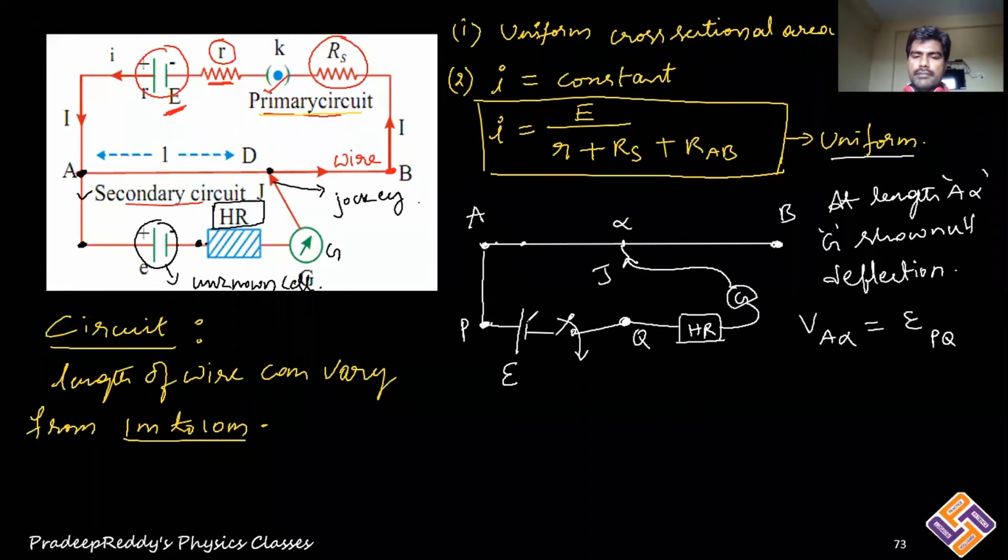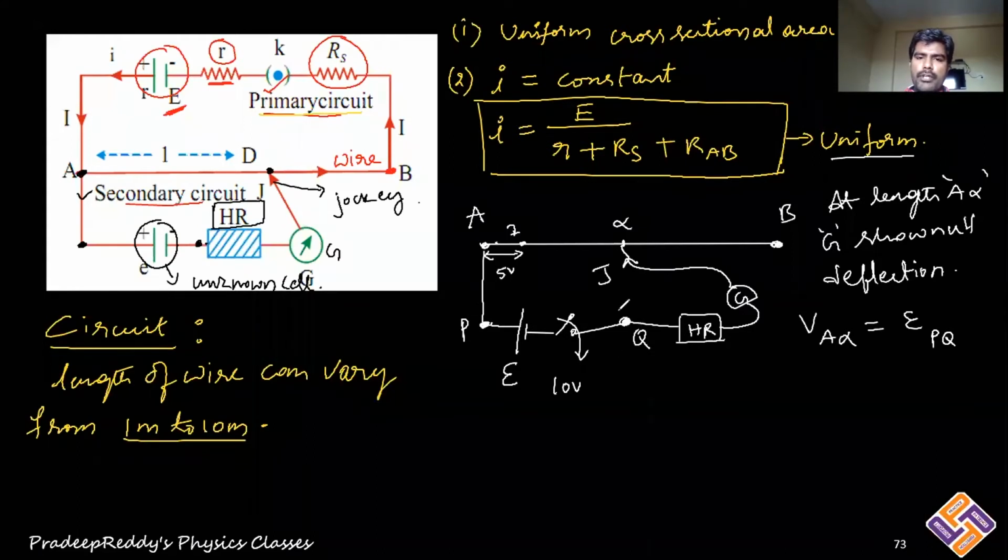For example, I'll take one example. If this EMF is 10 volt and I am placing this jockey at this position, say 1, and the potential dropped across this A1 is 5 volt and the bottom potential is 10 volt, both are not equal. As a result, current will be flowing from the PQ slot to A1.